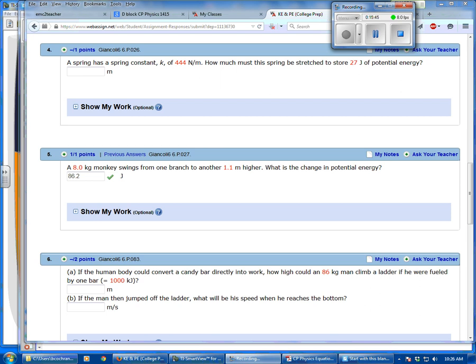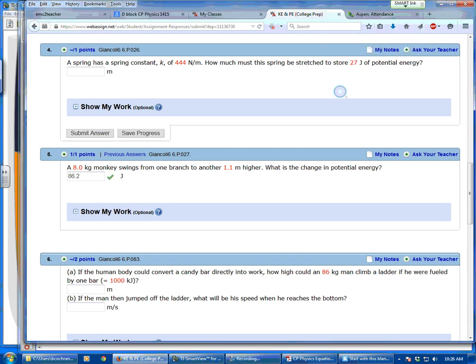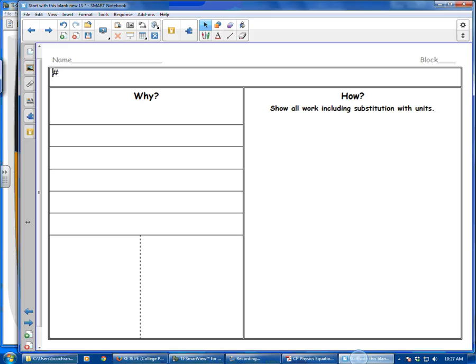So, kind of like saying it's blue, but a little more numerically. How much must the spring be stretched to store this much potential energy? So we're changing the position of the spring. We're stretching it, therefore the energy of position, which is potential energy, is changing. So that's what I would put here in my Y.